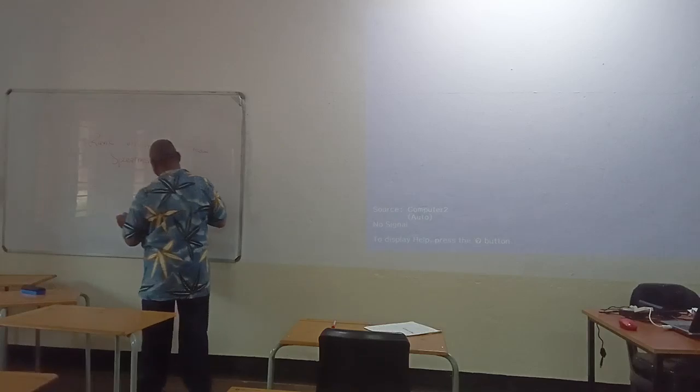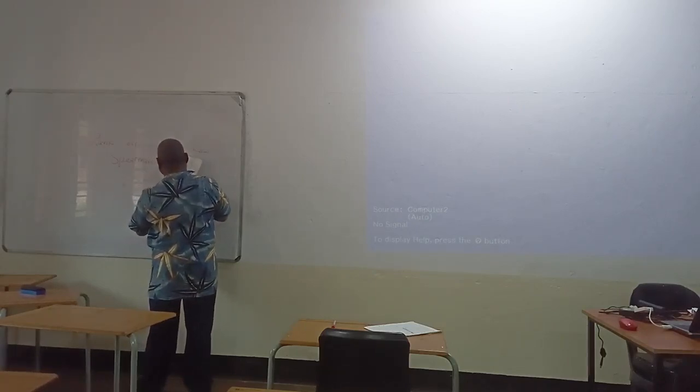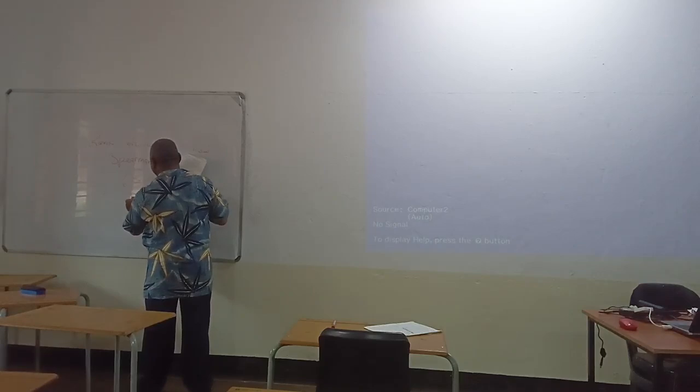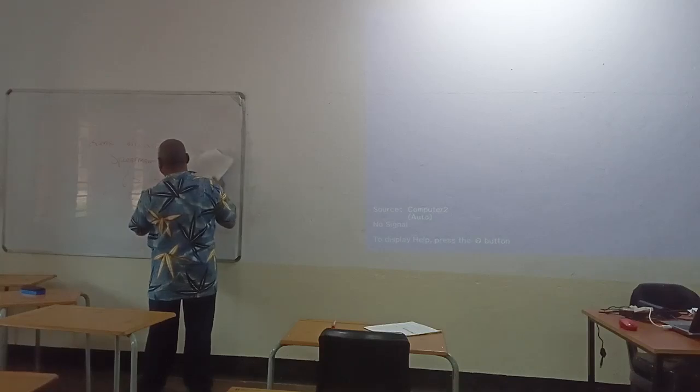Spearman rho equals 6 sum of d squared divided by n in brackets n squared minus 1.